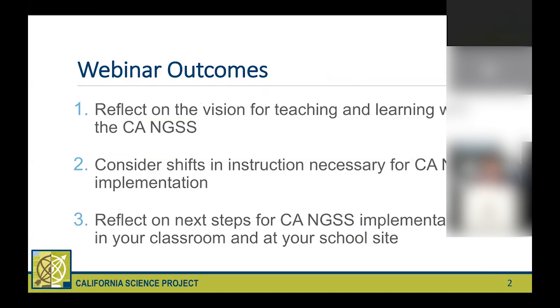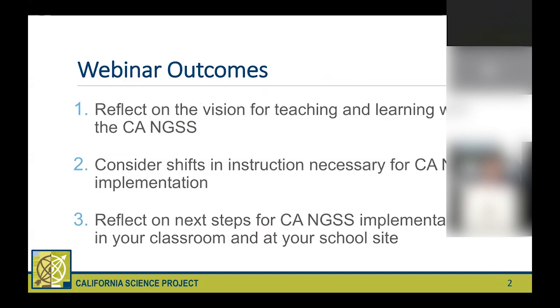What we are trying to do today is to reflect for a moment on the teaching and learning that are necessary when we are trying to implement the California Next Generation Science Standards, so that we can consider what we need to do in our classroom with our students.